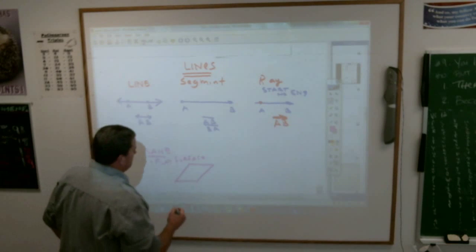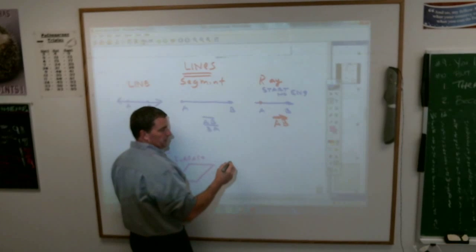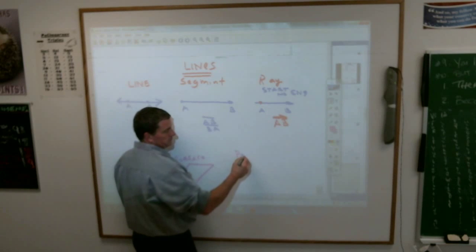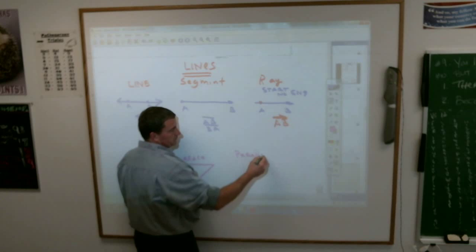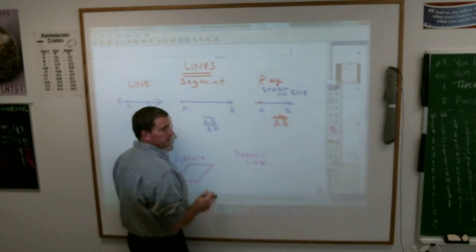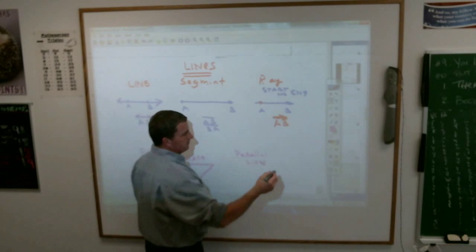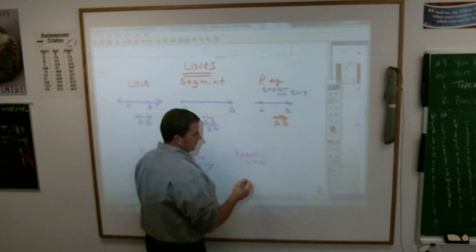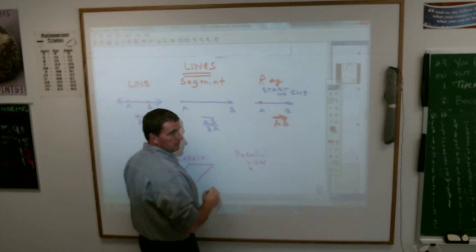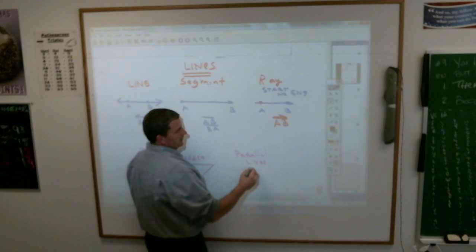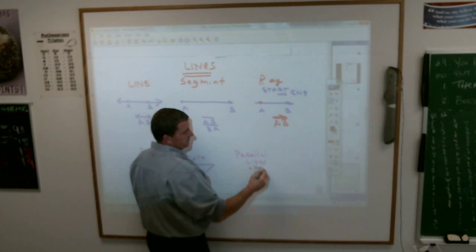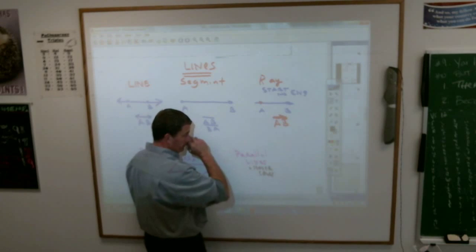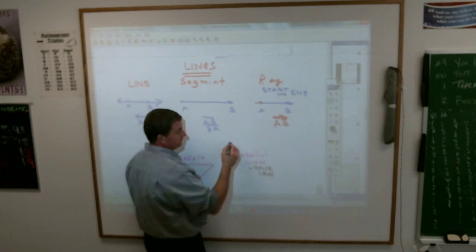And then we've got, what's the difference between parallel and perpendicular? If you're talking about parallel lines, what does that mean? Maggie? We say they will never cross. Same distance apart always.